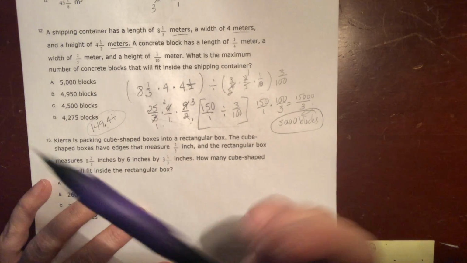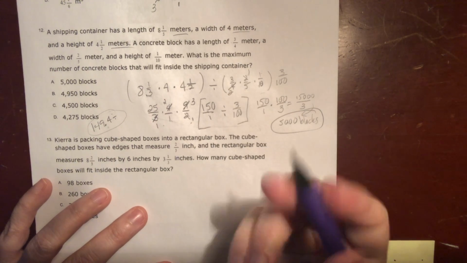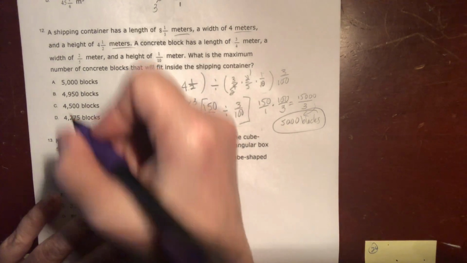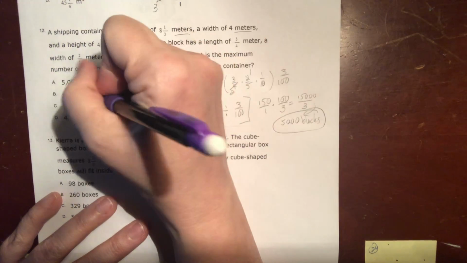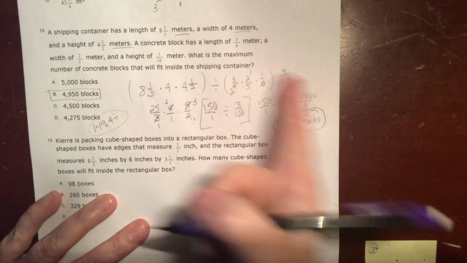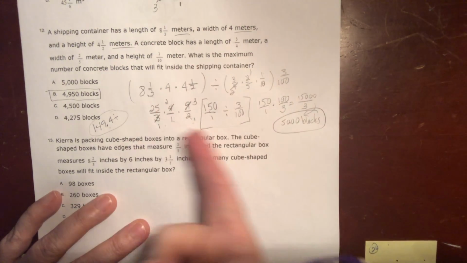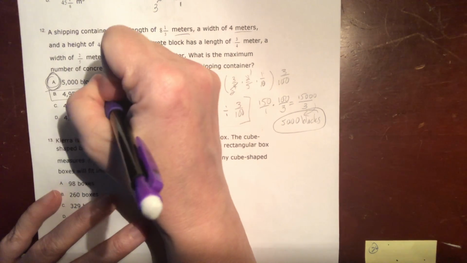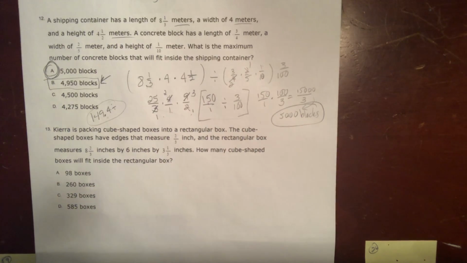And so 5,000 wouldn't fit. But, all right, this is another weird one. If you want to get the answer right on your SchoolNet thing, put B. But if you actually did it this way, which is really the skill that they're trying to teach you, to do everything with fractions, the answer would be A. So put this one in, but the answer is really A.